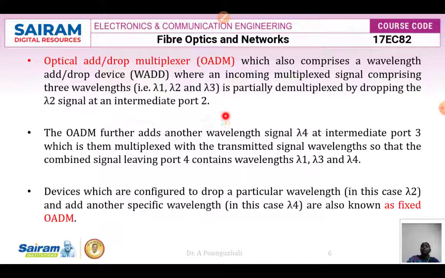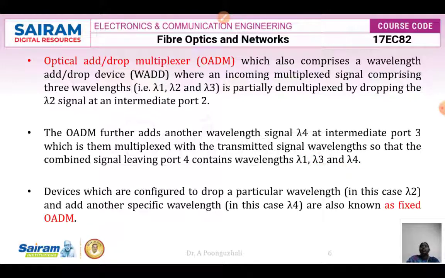So the lambda 2 signal is dropped. At the receiver side, this OADM, the optical add or drop multiplexer, is going to add another wavelength signal, lambda 4, at the intermediate port 3, which is multiplexed with the transmitted signal wavelengths, so that the combined signal leaves port 4, containing lambda 1, lambda 3 and lambda 4.